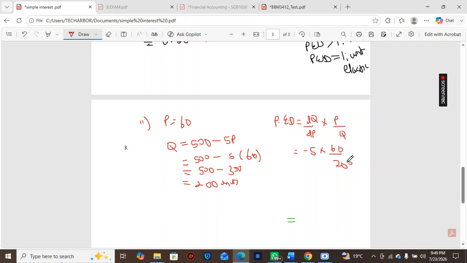So 60 divided by 200, you get 0.3. Negative 5 times 0.3 gives negative 1.5.